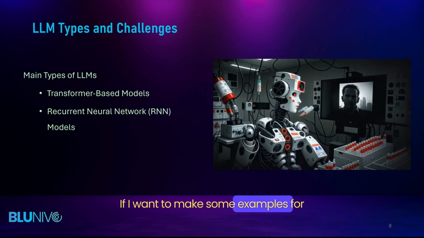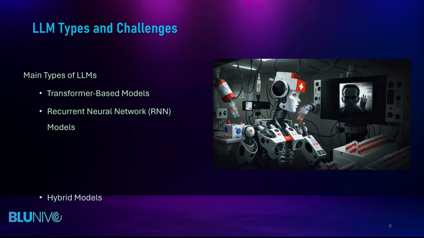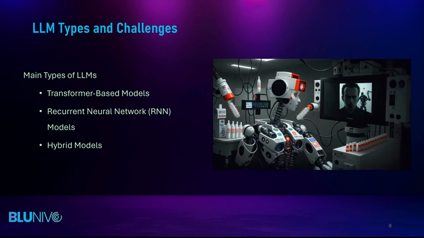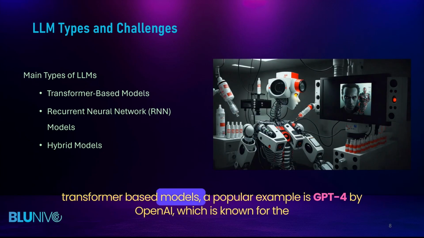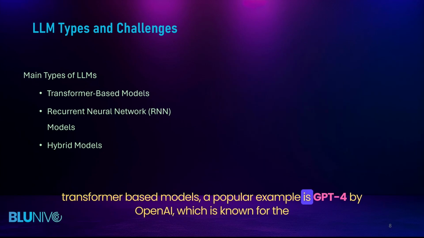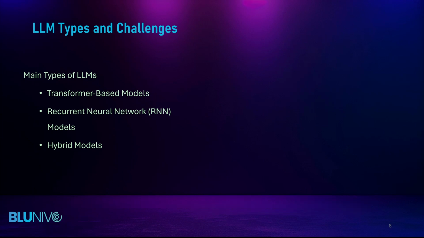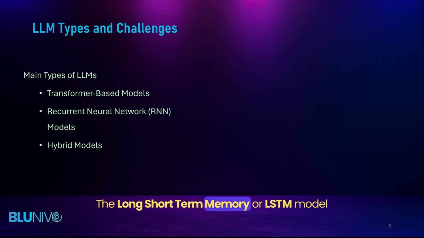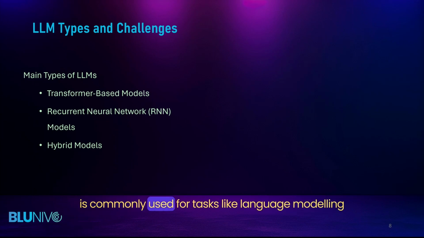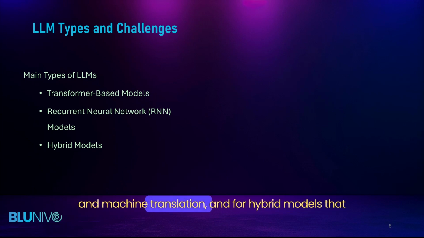If I want to make some examples for transformer-based models, a popular example is GPT-4 by OpenAI, which is known for its advanced natural language processing capabilities. For RNN, the long short-term memory, or LSTM model, is commonly used for tasks like language modeling and machine translation.